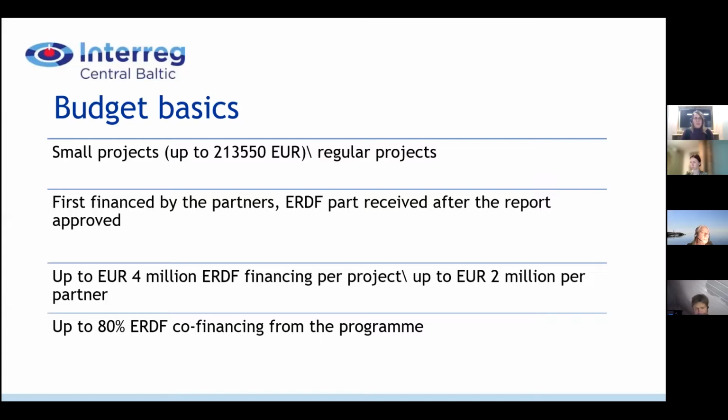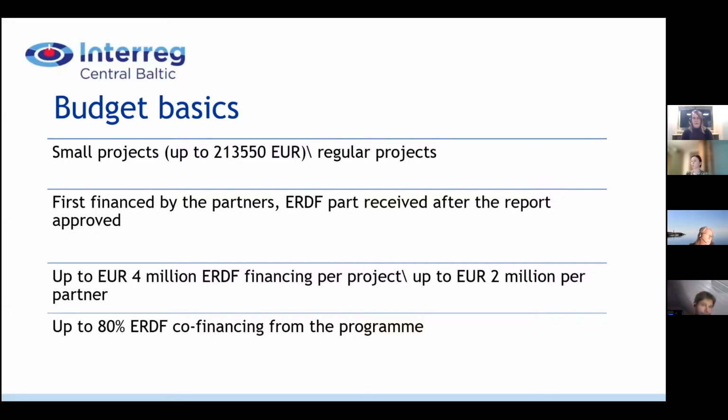So the budget basics, we have small projects and regular projects, and the small projects are up to 213,550 euros. And the regular projects are everything above that. We need to remember that the first projects need to be financed by the partners and that ERDF part will be received only after all the reports are approved.